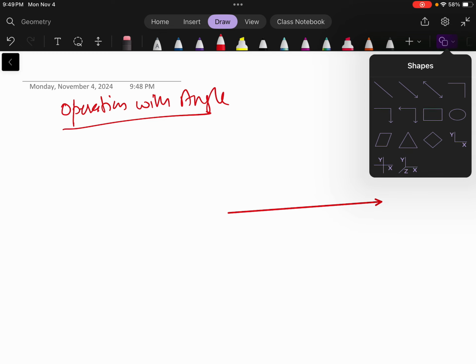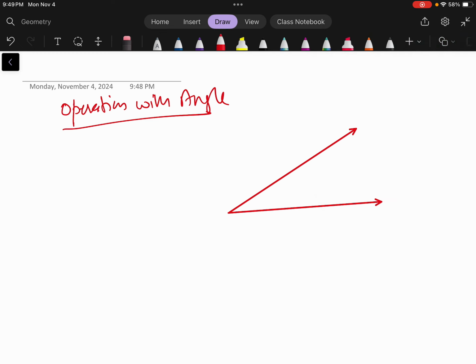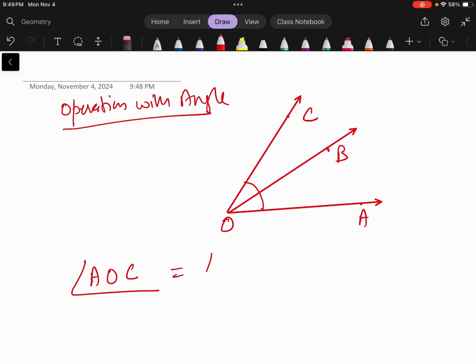This is angle 1, this is angle 2, and this is angle 3. Let's take this as A, this as B, this as C, and this as O. So angle AOC is equal to angle AOB plus angle BOC.